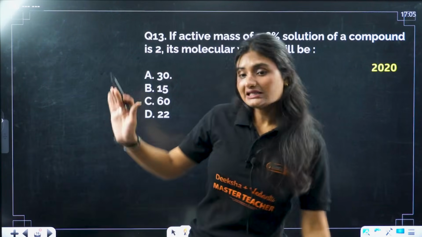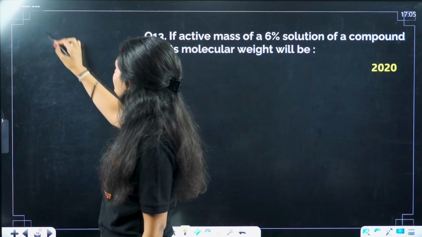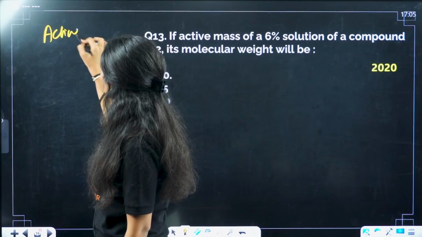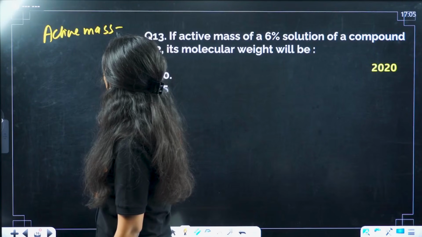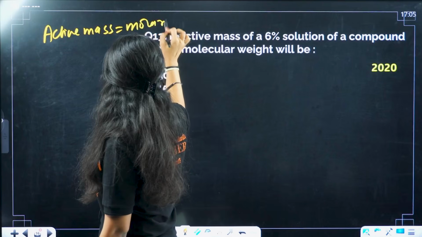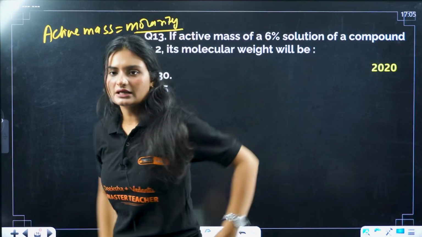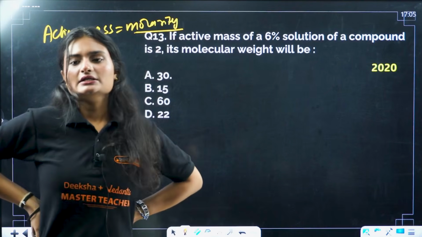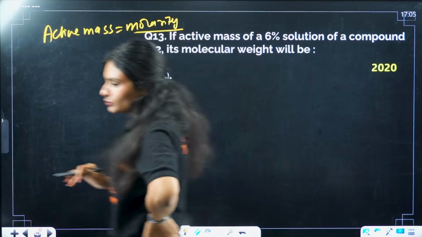Okay, so one thing before you start the question: active mass is equal to the molarity. Active mass is nothing but molarity. So, 6% solution. What are we given?